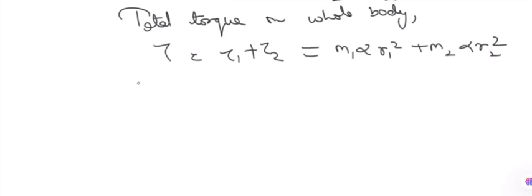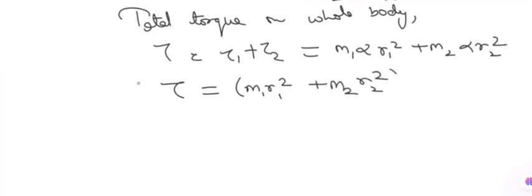But the body is rigid. So both the masses will have the same angular acceleration alpha. So I can write torque equals (m1 r1 square plus m2 r2 square) times alpha. Done?